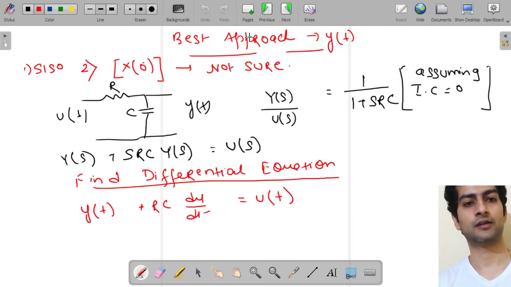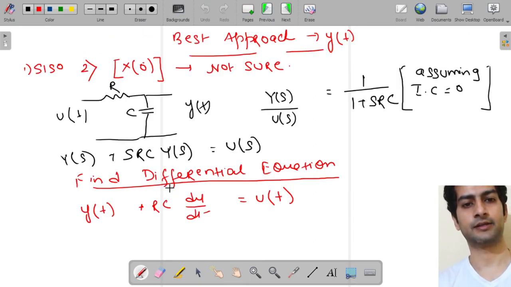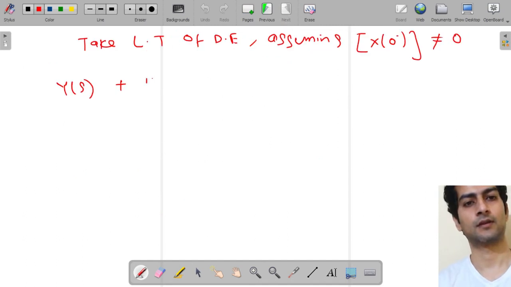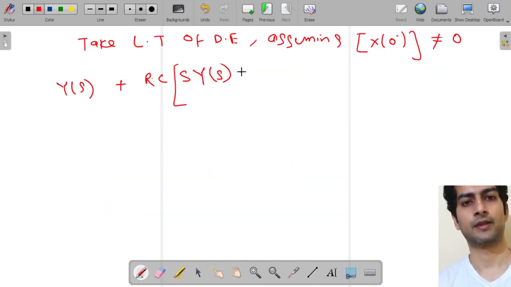So we will get Y of s plus rc times s Y of s minus the initial condition is equal to U of s.